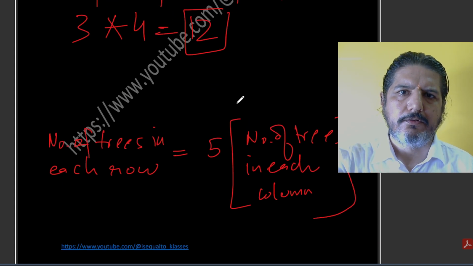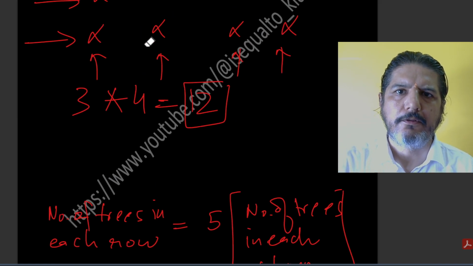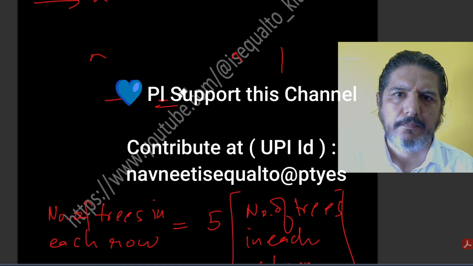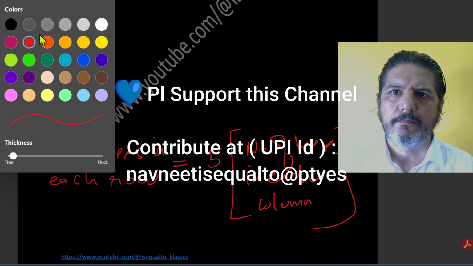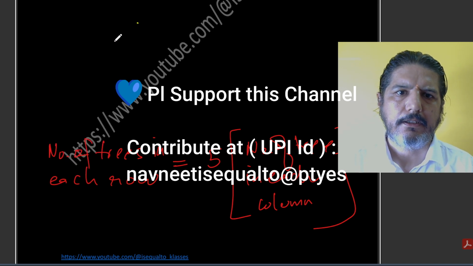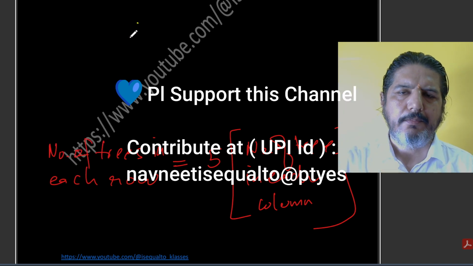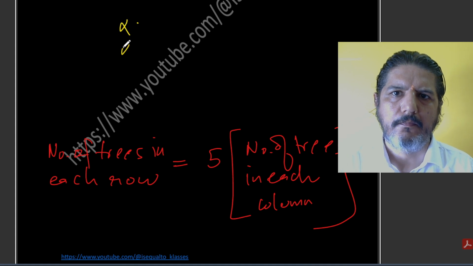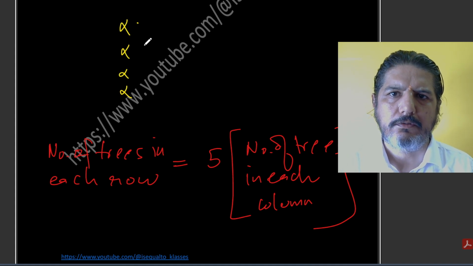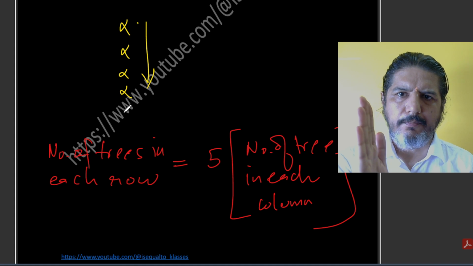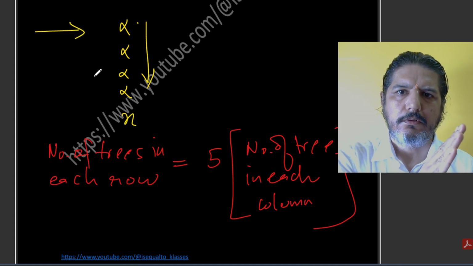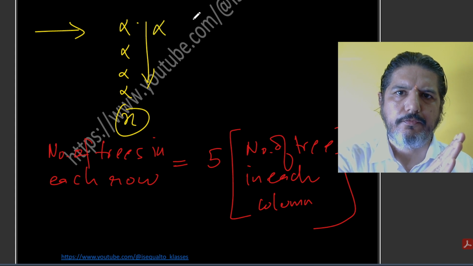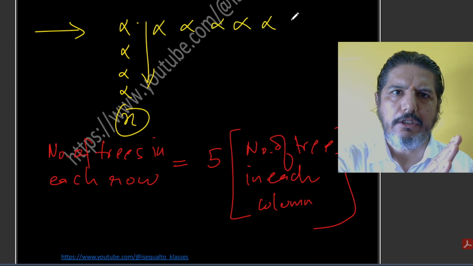And let's now understand what it means. What it means is, let me draw it here, that let the number of trees in each column be x. Then the number of trees in each row would be x plus 5.